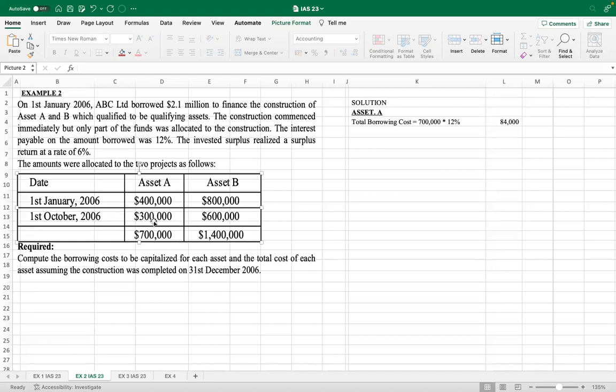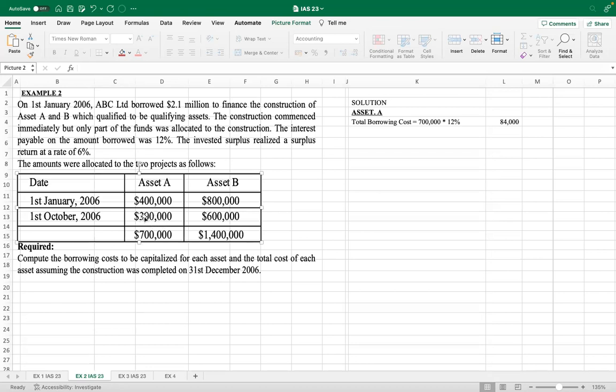Let me be very slow so that you get it. Between 1st January and 1st October, there is an amount that was not used. The amount that was not used was 300,000.